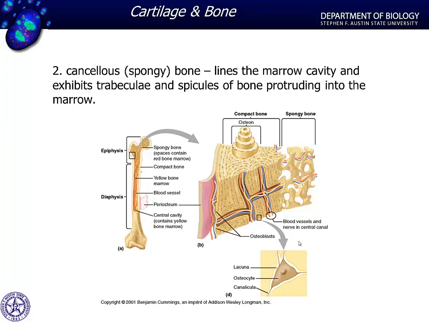In this illustration, we can see once again we've got our compact bone on the outside. Here is our periosteum. So if we're looking at an inset from the middle of a long bone, such as our femur, here we can see the arrangement of our compact bone and then the arrangement of our spongy or cancellous bone.